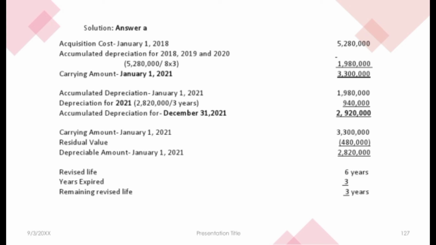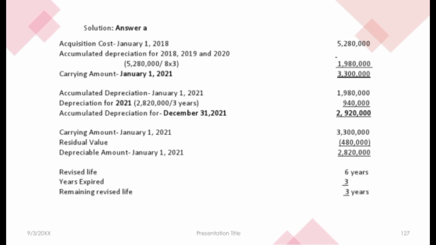Next is accumulated depreciation for January 1, 2021, 1,980,000. Depreciation for 2021 is 2,820,000 over 3 years. So, saan nga po ba nanggaling yung 2,820,000? So, kinuha natin yung carrying amount na nakuha natin kanina for January 1, 2021 na 3,300,000.